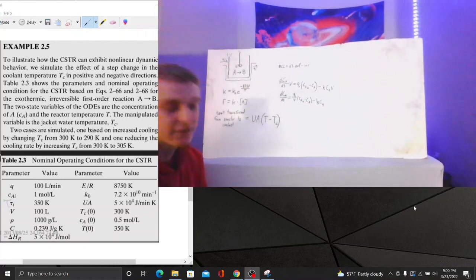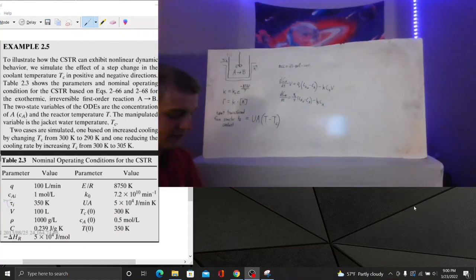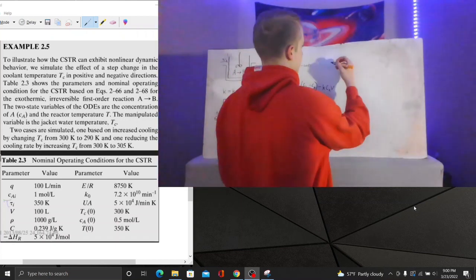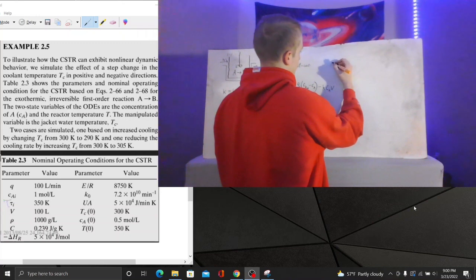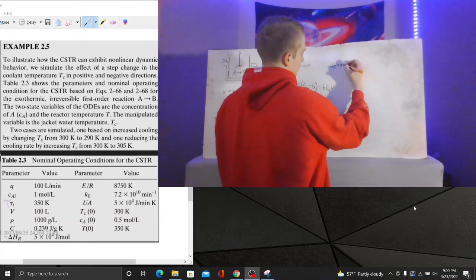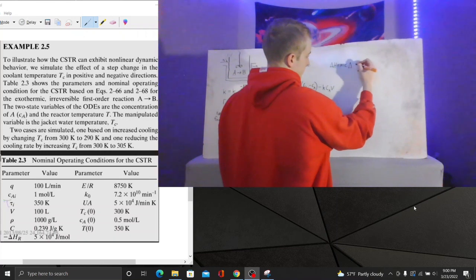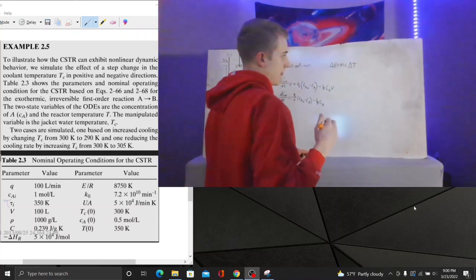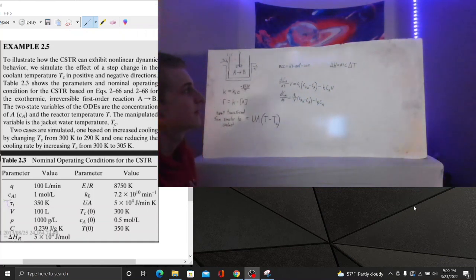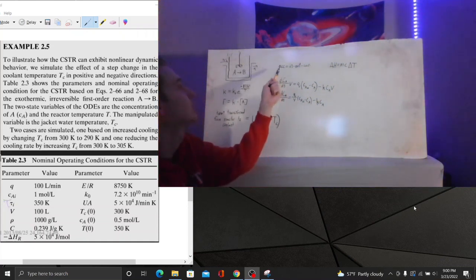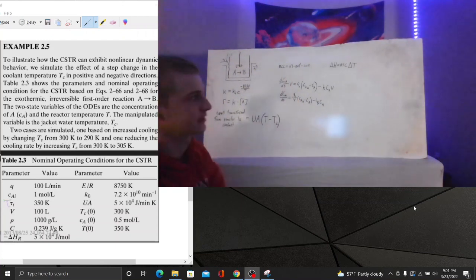So now we can work on finding the differential equation for the change in temperature, which we will be doing an energy balance for. To start off, we're going to need the equation for enthalpy, which is delta H equals mass times C, the specific heat, times change in temperature. We're going to be using the same thing, where the accumulation equals in minus out minus what is consumed.